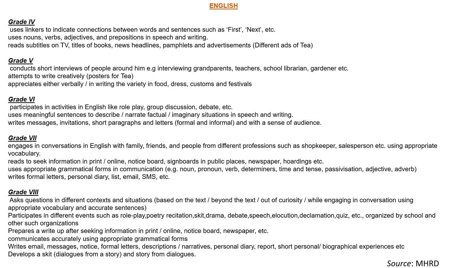Or when they're conducting short interviews of people around them, then they are doing a competency in grade 5. Similarly, when they're engaging in conversations or doing small role plays or inviting people, writing letters, all of this would mean that they're actually covering language competencies as defined in grade 6 or 7 or 8 according to the level of difficulty.